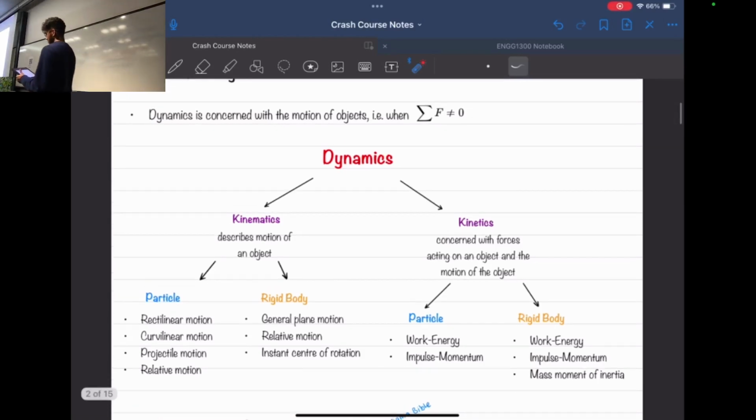So dynamics is concerned with the motion of objects, i.e. when the sum of forces does not equal 0. We'll mainly be looking at sum of forces equals ma, which is Newton's second law. I'll go into more depth in kinetics, as it's more related to kinetics.